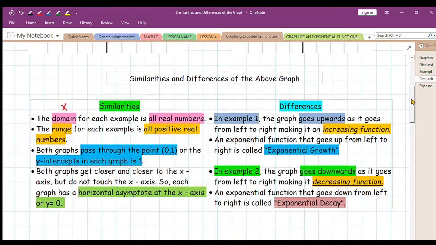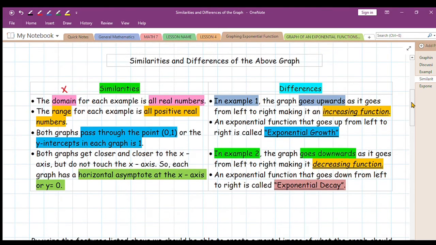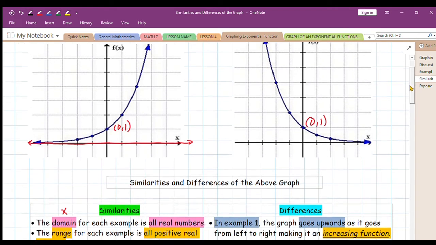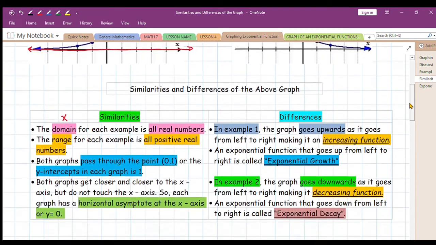Next, both graphs pass through the point (0, 1), or the y-intercept in each graph is equal to 1. As you can see, these two functions pass through the y-intercept at (0, 1). The 1 here is our y value and that is our y-intercept.